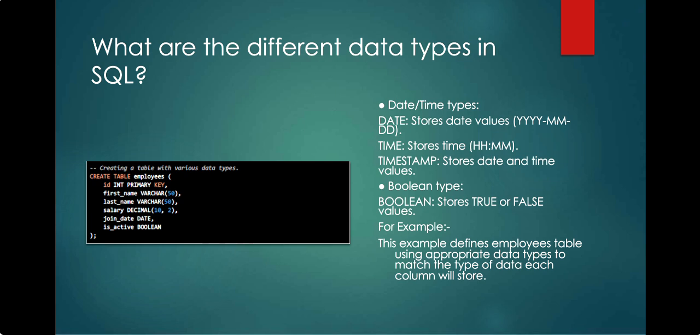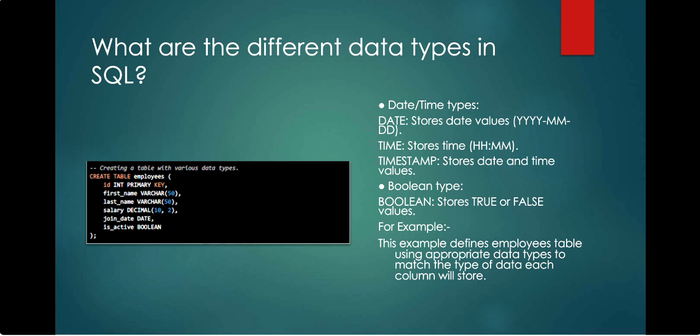SQL also has a Boolean type, though it is optional depending on the SQL dialect. It can store true or false or unknown, which is especially useful for logical expressions. If you are working with binary data like images or encrypted files, then binary, VARBINARY and BLOB types are what you will be using.